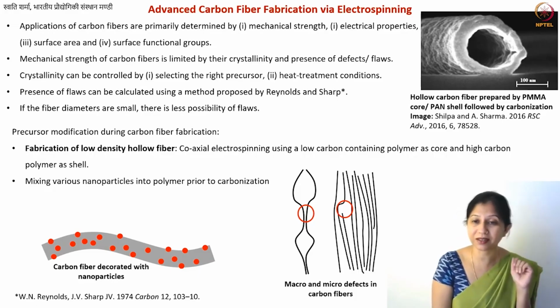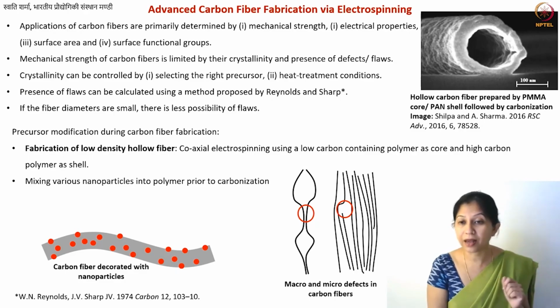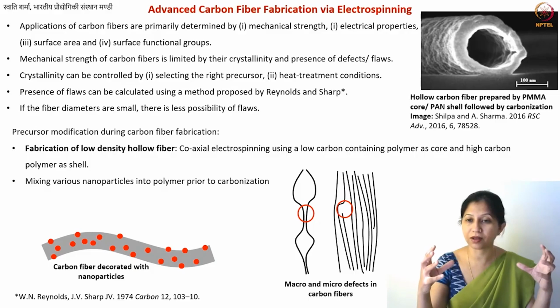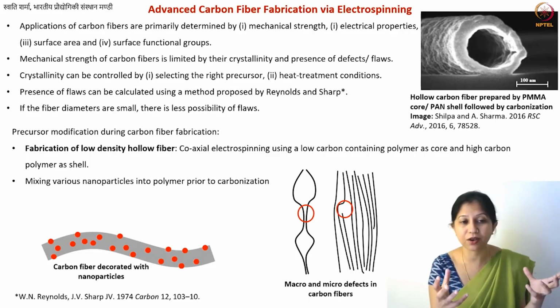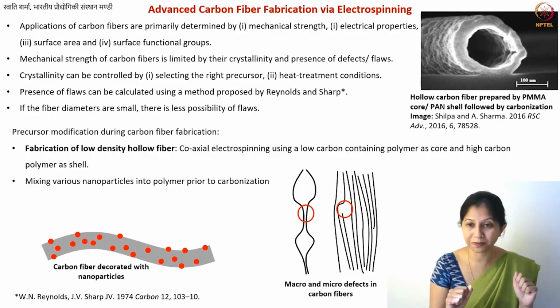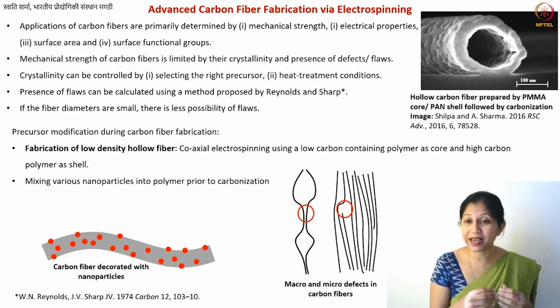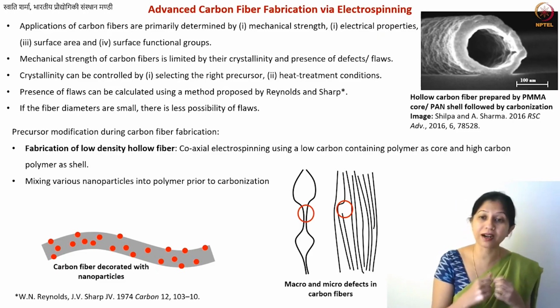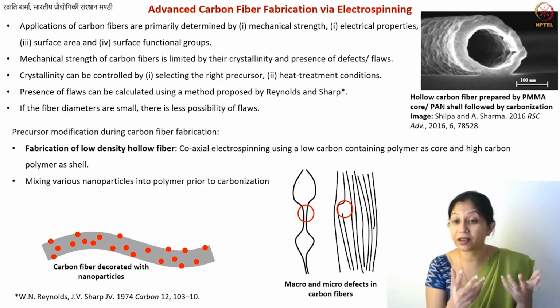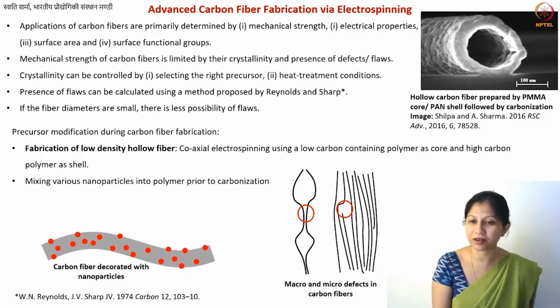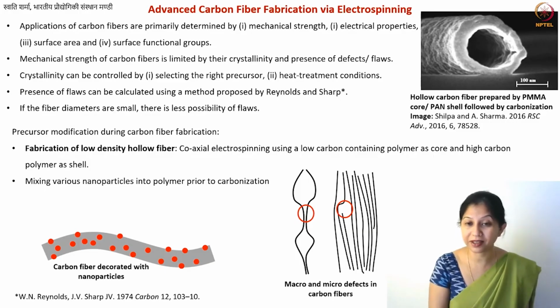But once you optimize this concentration, now you get fibers like what you see in this image, that you have a lot of these kinds of fibers known as decorated fibers. You will hear this word in the literature, that you have carbon fibers decorated with certain nanoparticles, or glassy carbon electrodes decorated with certain nanoparticles, or many other structures, whether they're large scale or small scale, they can be decorated with nanoparticles.